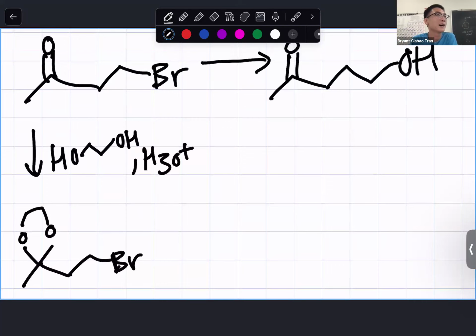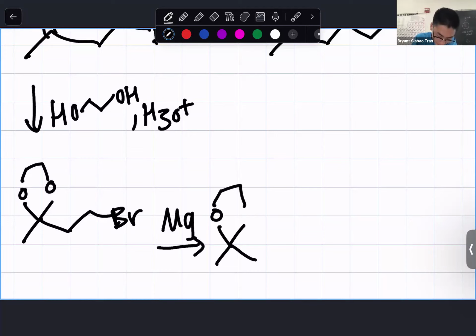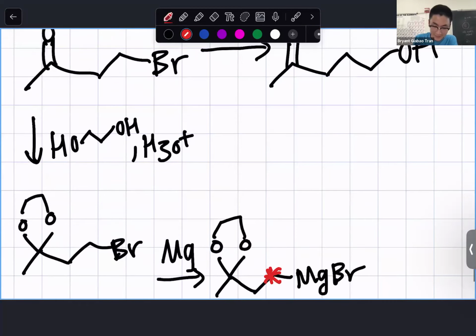Yeah, now we could turn it into a Grignard reagent. We could do Mg to insert that magnesium between that carbon and bromine, making this carbon attached to the Mg, the nucleophile, right?